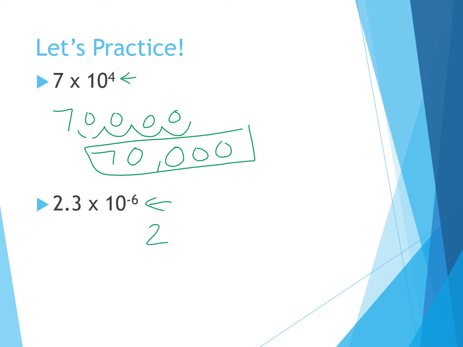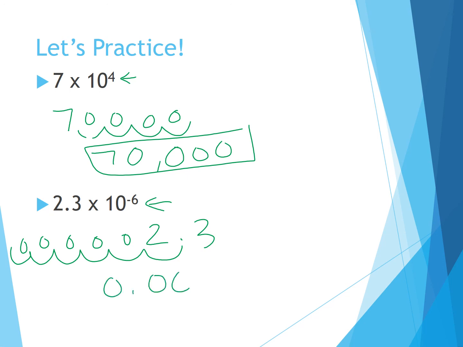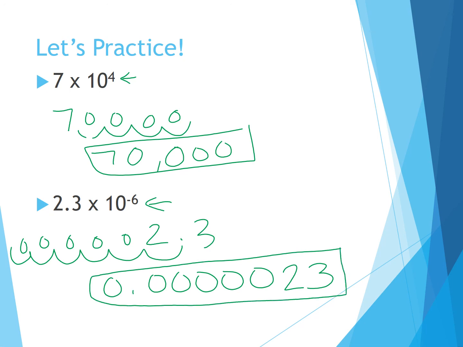I have 2.3. And move that 1, 2, 3, 4, 5, 6. Whoops, almost ran out of room. I'm going to have 5 zeros, so I'm going to put the 0 point and then 5 zeros. 1, 2, 3, 4, 5, 2, 3. That's our answer.